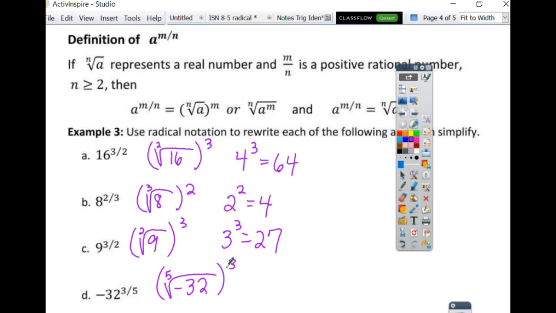So what number times itself 5 times is 32? 2 times 2 is 4. 4 times 2 is 8, times 2 is 16, times 2 is 32. So, 2. So this is going to be a negative 2, right? We said it's negative. So now it's negative 2 to the third power. Negative 2 times negative 2 times negative 2. Negative 8.